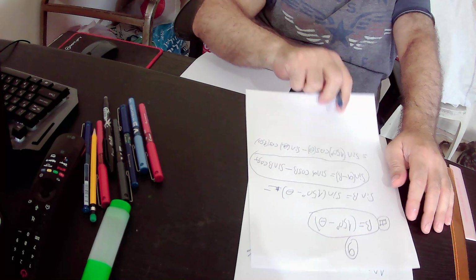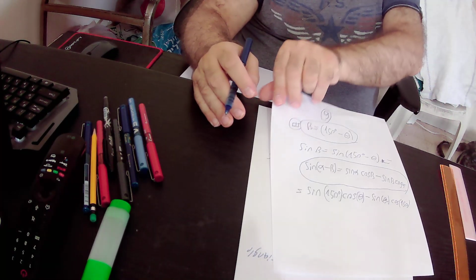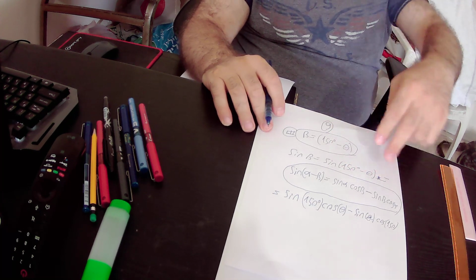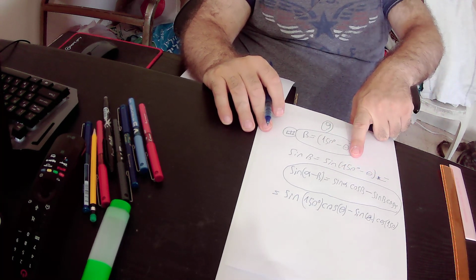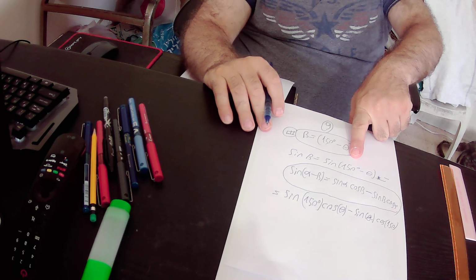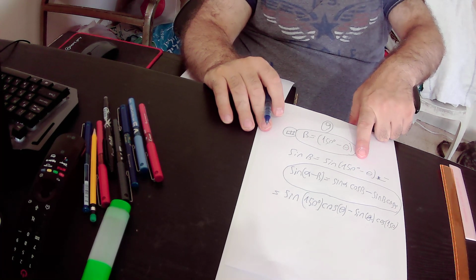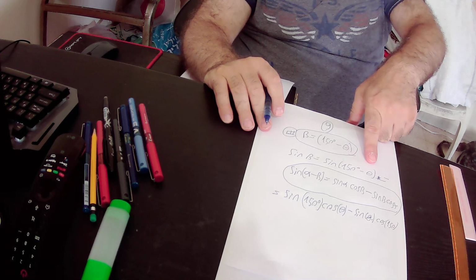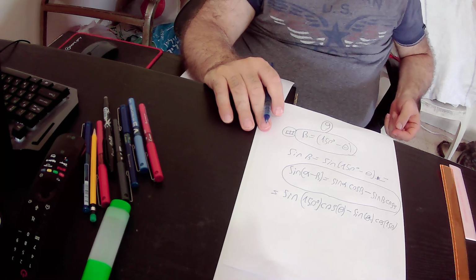Okay, so we actually implemented the trigonometric identity in our expression sinus 150 degrees minus theta when alpha equals 150 degrees and beta equals theta.